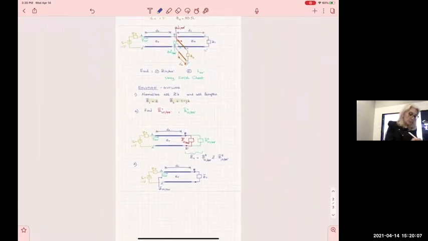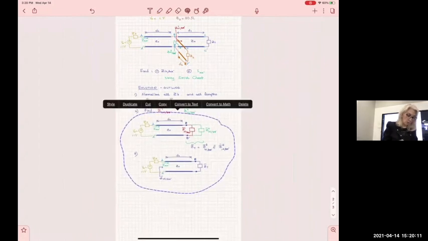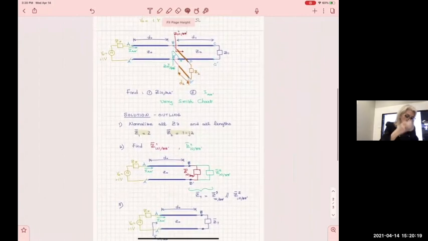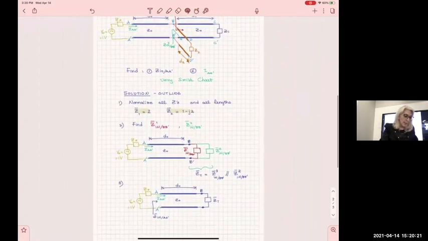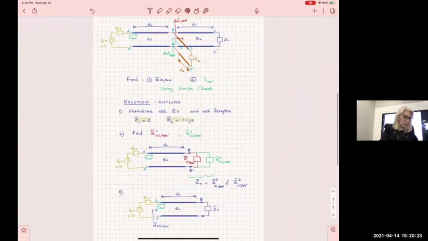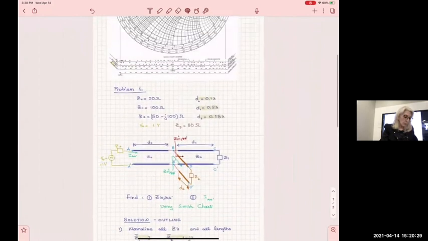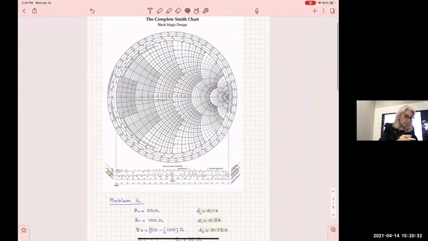I'm telling you, you're not going to fare well in trying to find a solution to a problem, at least in the beginning. When you get more experience, you will not have to do that. But for now, all right, let's try to do it one at a time. But we are going to do all of this on the Smith chart. Okay, so let's use this one.